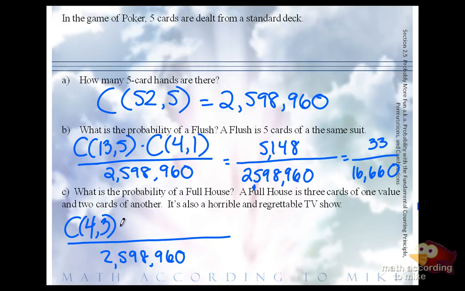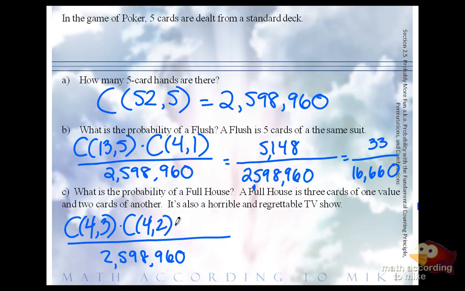And now we have to pick a different value. 4 choose 2, because we want 3 of one, 2 of the other. So a combination of 4 choose 2. But there's actually a hidden bonus here. How many values are there in a deck of cards?